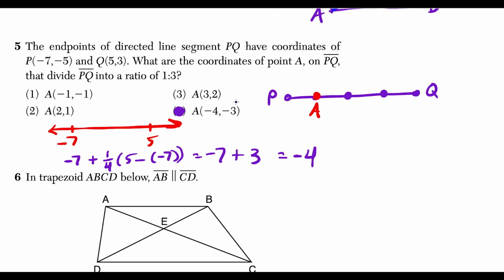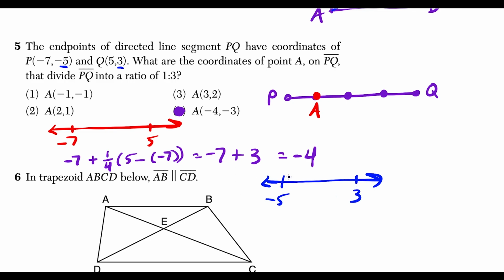But just to be safe, what we could do is repeat this process, but now we're going to repeat it for the Y values. So the Y value of our solution is going to be 1/4 of the way from point P to point Q. Now, if we work this out, we're starting at -5. So now we're going from -5 up to +3.